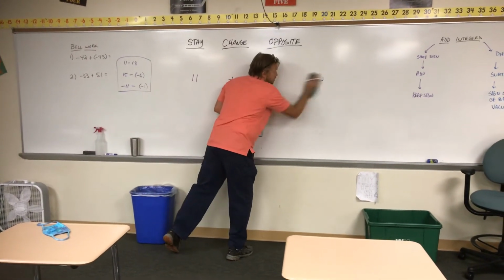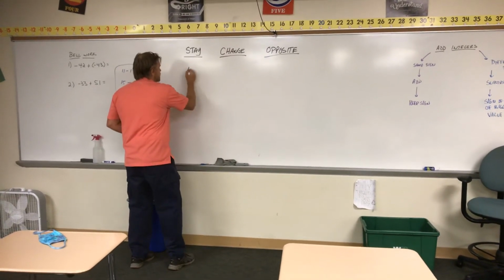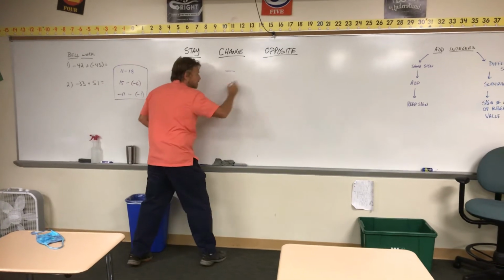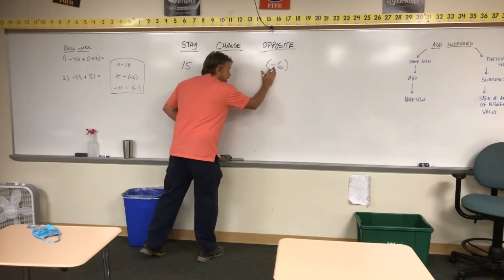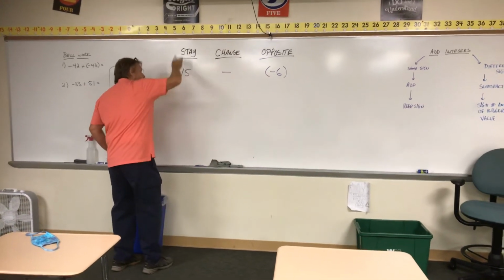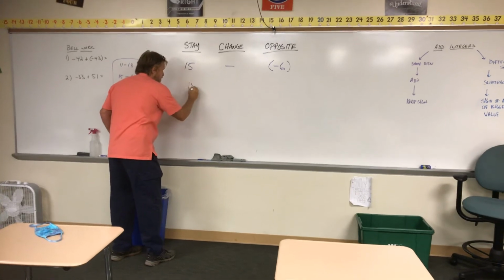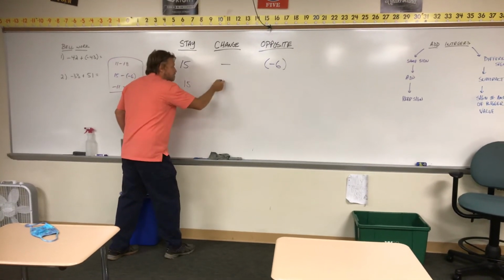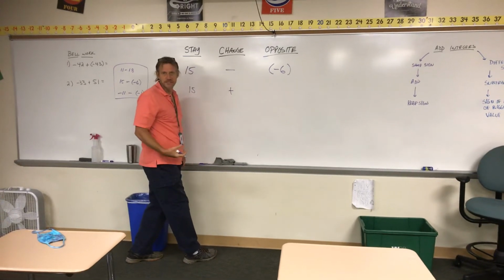Here's your third one that you'll see. 15 minus -6. Now we're subtracting a negative. Stay, change, opposite. 15 stays. Subtraction becomes addition. The opposite of -6 is +6.